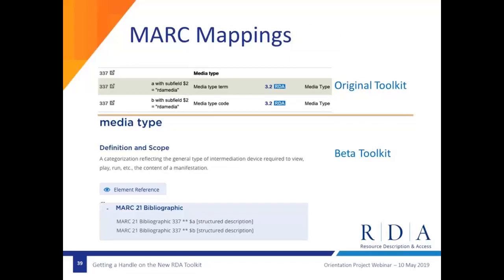And that information, that mapping, is in that famous element reference box that if you click on the eyeball, you get to see. And you can see I've given you an excerpt that it maps MARC 21 bibliographic 337, subfield A and subfield B to this. So that's how the MARC mappings work now, and they will continue to be developed and updated.